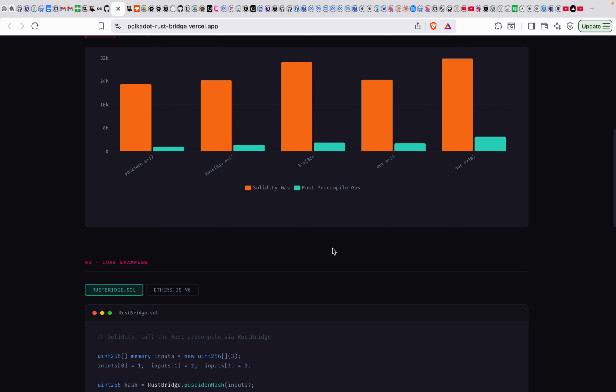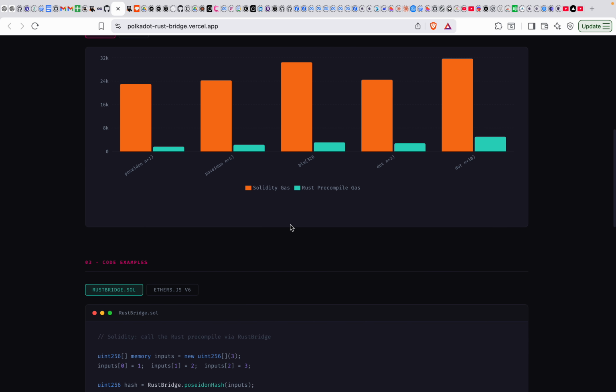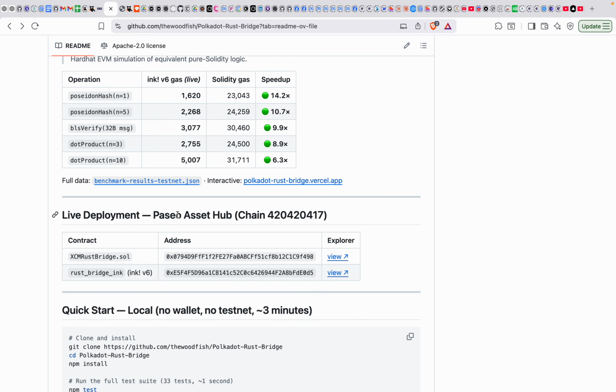For instance, the Poseidon here uses 128-bit arithmetic as a structural approximation. For production ZK, you'd use a proper BN254 field library. The architecture is the real contribution: the pattern, the encoding bridge, the two dispatch paths, the developer experience, and what this unlocks.